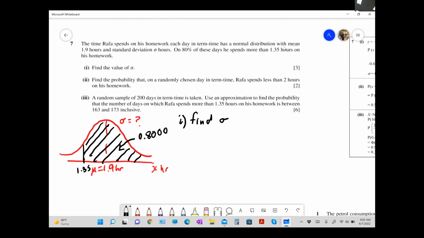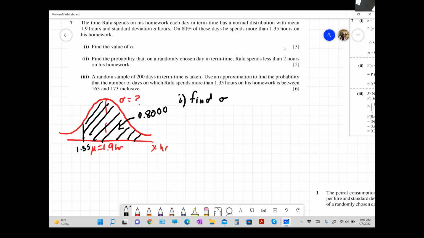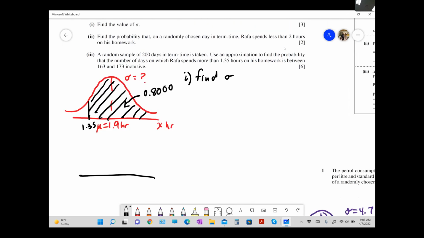Now part I says, find sigma. So what should we do first? We would need a z-score that corresponds to an area to the right of 0.8. Now, what I want you to realize is that if we found the area to the left, that's 0.8000, this z-score, then we would have found the positive version of that one, because that one's a negative z-score.